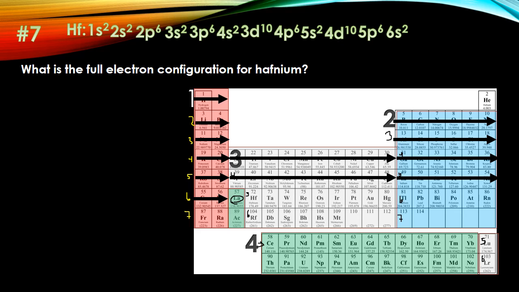Let's see how we would finish finding hafnium's electron configuration. We got to 6s2, which brought us this far. So after 6s2, we're in the lanthanide block, and it starts at the 4th energy level, the 4th energy level of the f block.